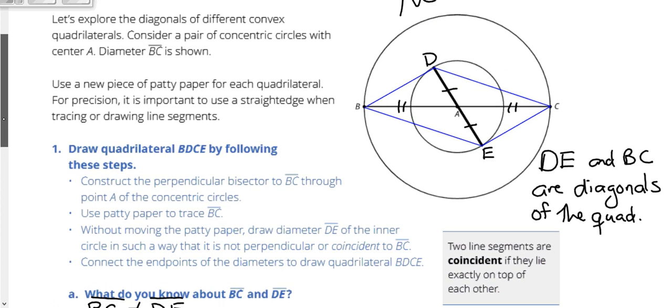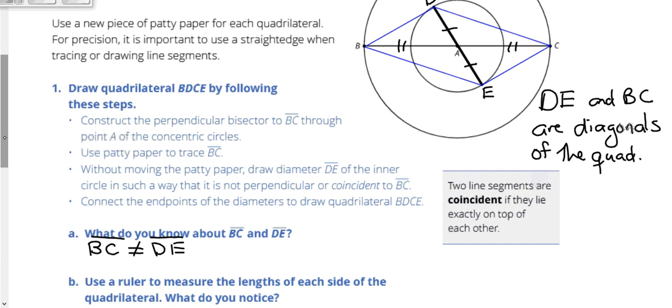So a couple other things that we know about this is that line segments AB and AC are equal to each other in measure, and AE and AD are equal to each other because these are all radii of the circle, the inner circle as well as the outer circle, the concentric circles.